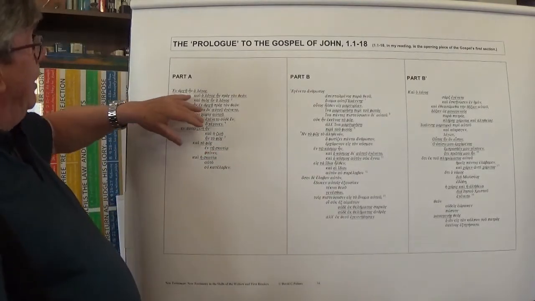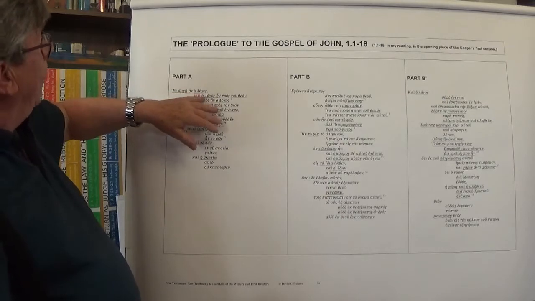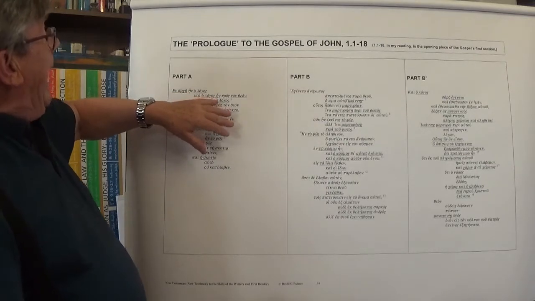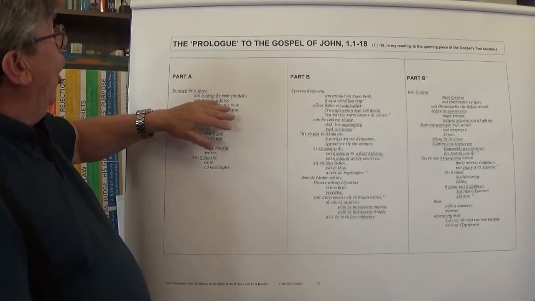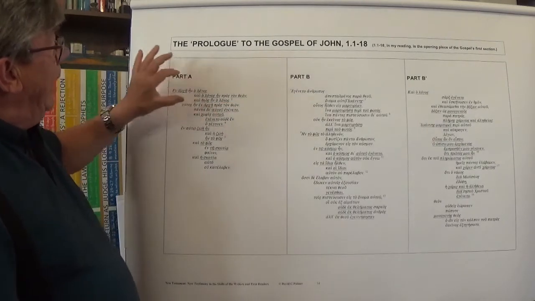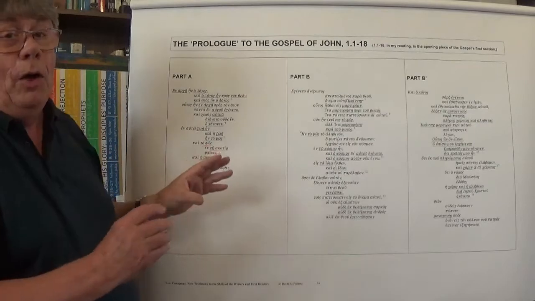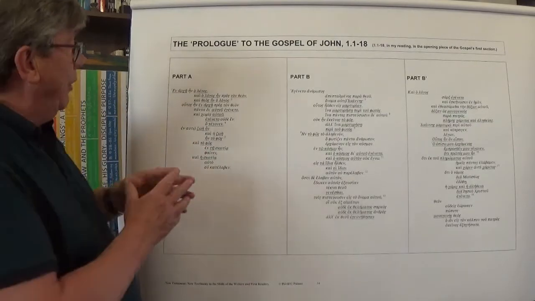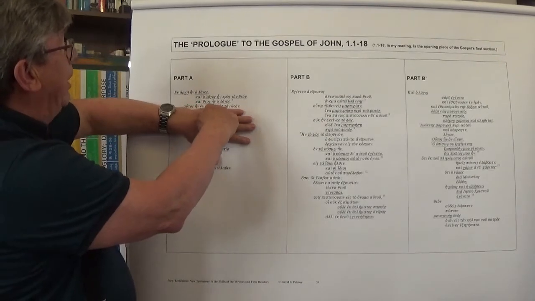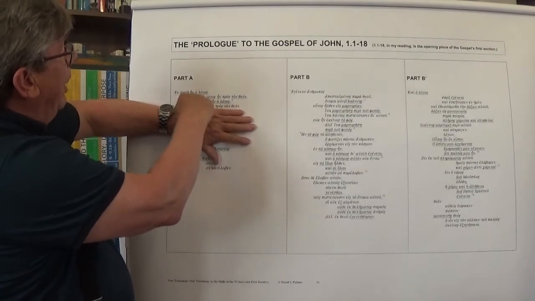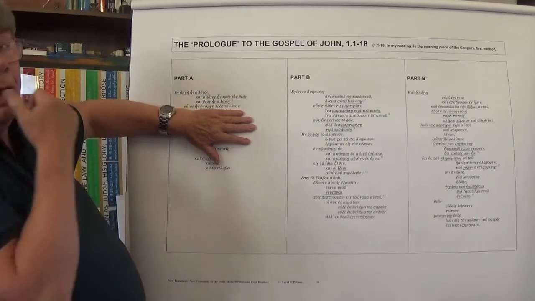So, en arche en ho logos, kai ho logos en pros ton theon, kai theos en ho logos. And it's clearly a three-part whole. Look in the New International Version, and they add houtos en en arche pros ton theon in the opening paragraph.